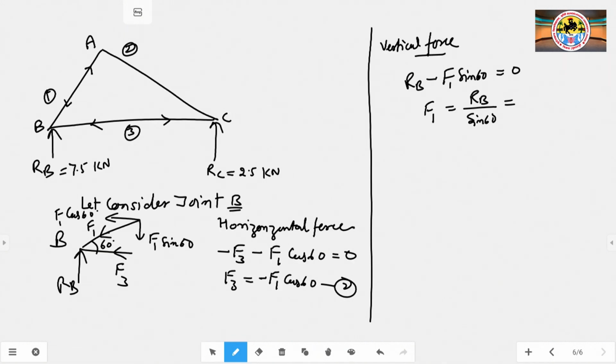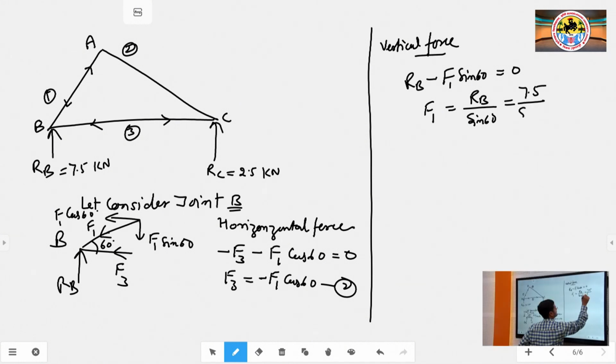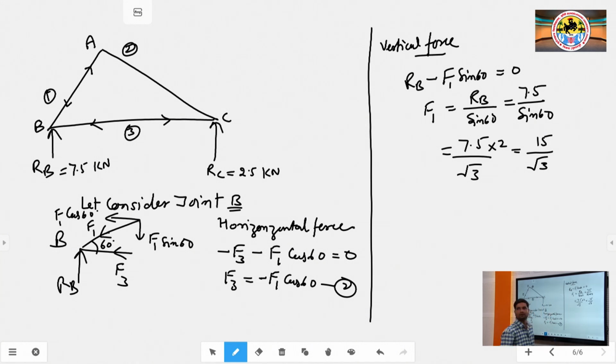So, RB 7.5 divided by sin 60. Putting the value of sin 60, it becomes 7.5 divided by root 3 by 2. So, 15 by root 3, and you can say that F1 is 5 root 3 kilonewton.